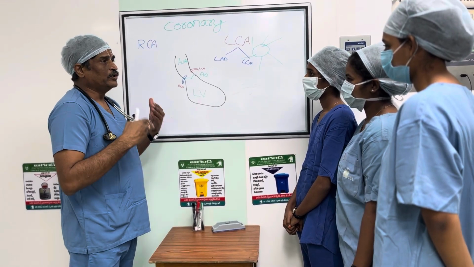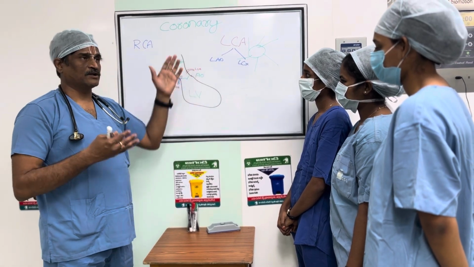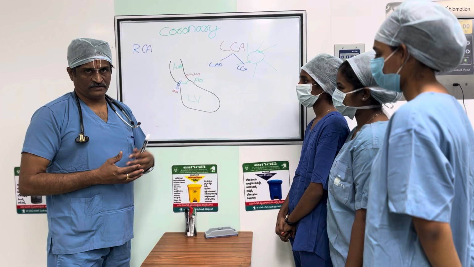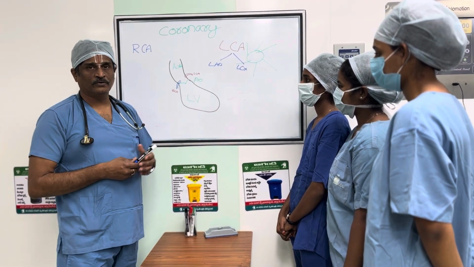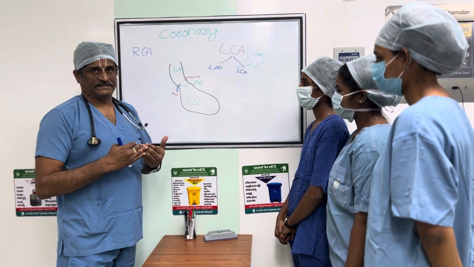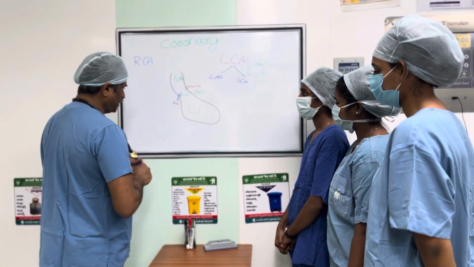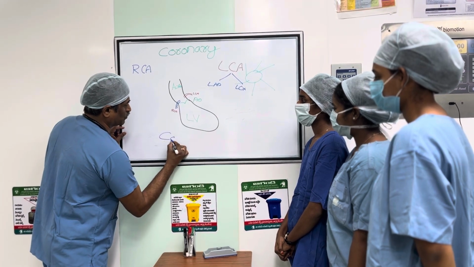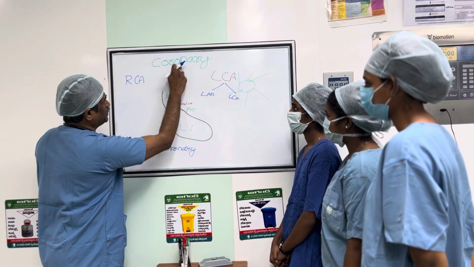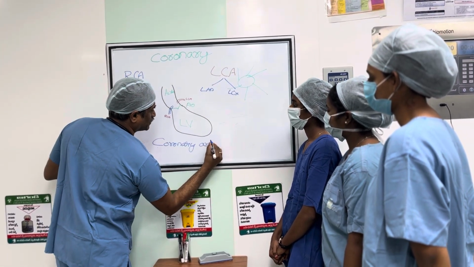So, how do you know whether the coronary arteries are normal or not? If somebody comes with chest pain, as discussed in the previous videos, chest pain because of coronary artery disease, the final diagnosis is by coronary arteriogram.